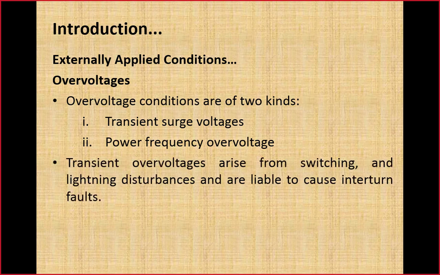The transient over voltages arise from the switching as well as from the lightning. So these two phenomena will produce very high but very short duration voltages, and that voltage is dangerous for the insulation of the transformer. So to provide protection against this situation, lightning arresters are used on both sides, HT side and LT side of the power transformer, because surge can come from either side of the power transformer.